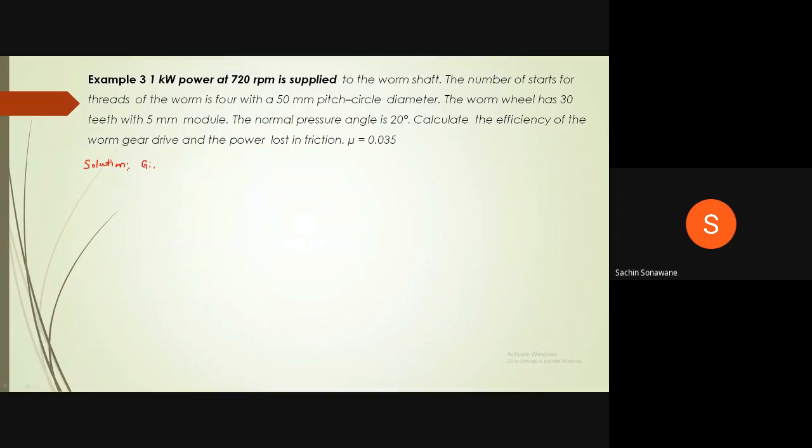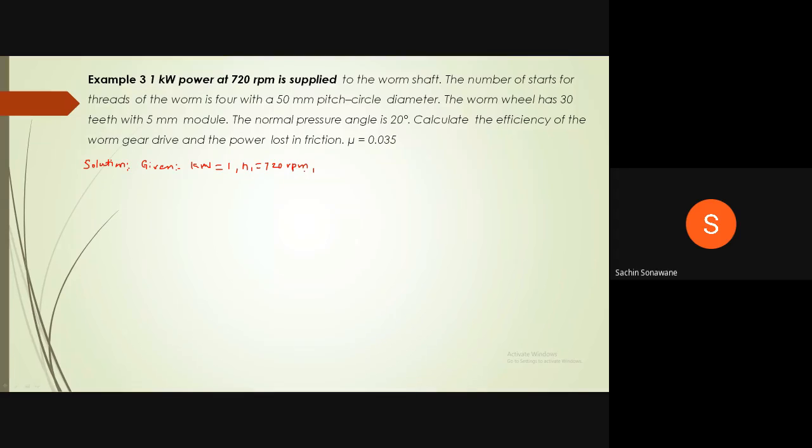Given quantities. First of all, power in kilowatt is given as 1. Then to the worm shaft they have supplied 720 rpm. Therefore, N1 is equal to 720 rpm.